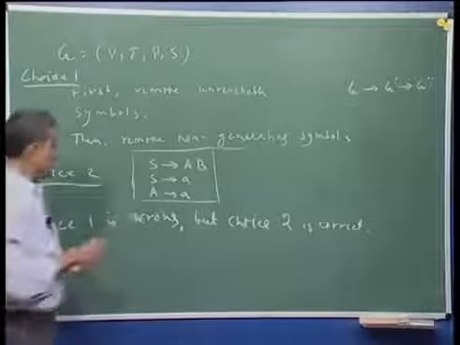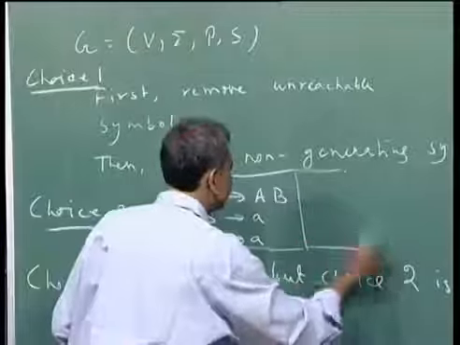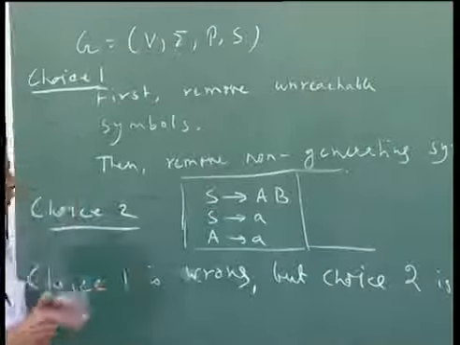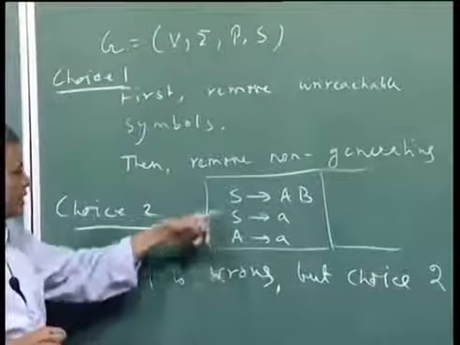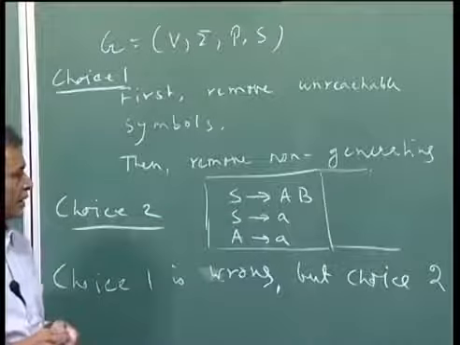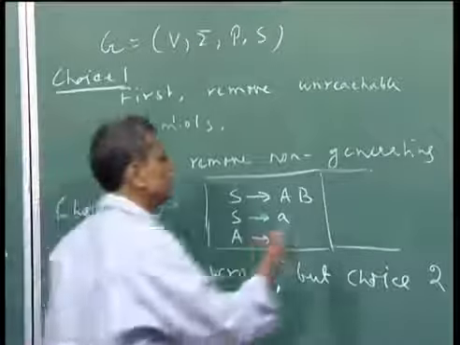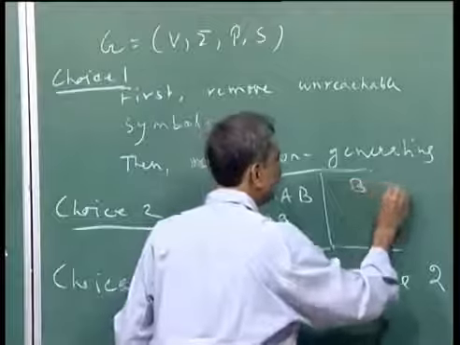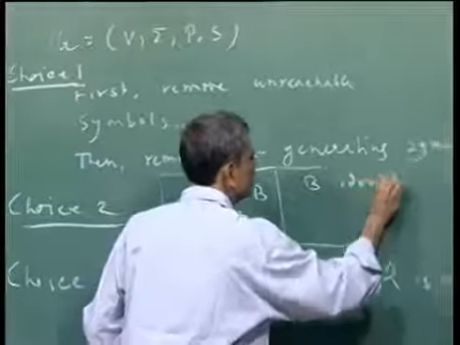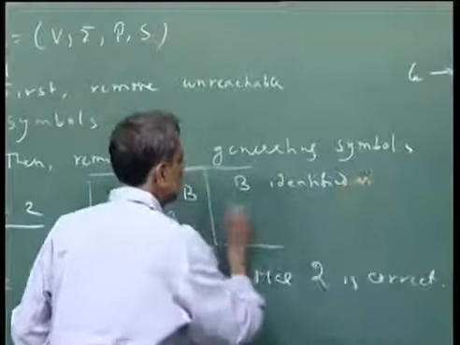But now I look at non-generating symbols. I clearly identify B to be non-generating.